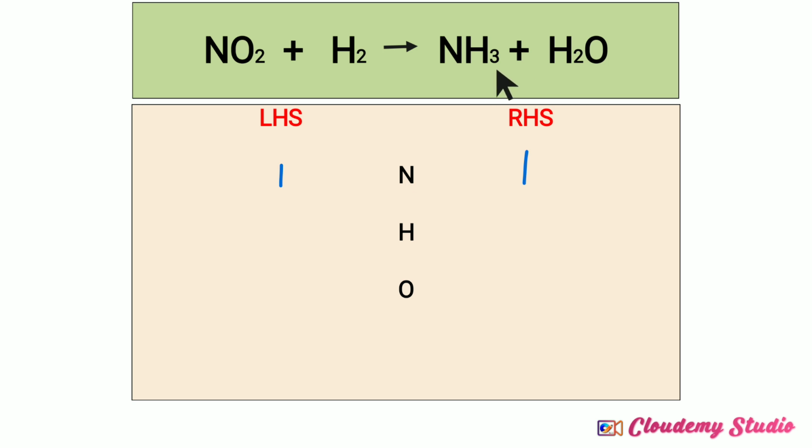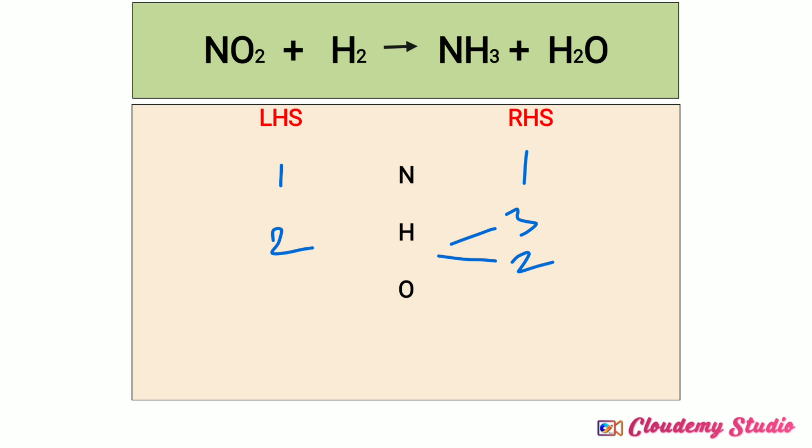At one place 3, another place 2. So we need to split the number of atoms of hydrogen on the right hand side: at one place 3 times, another place 2 times. The left hand side hydrogen 2 times.